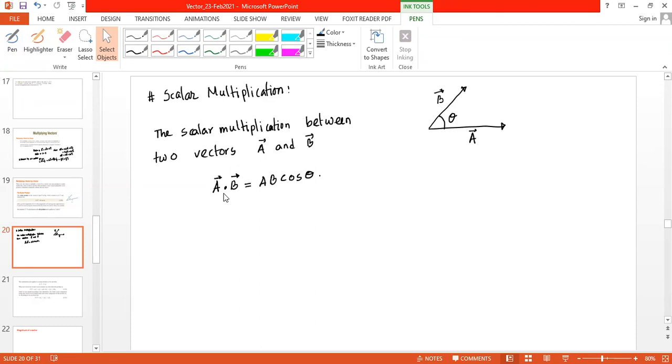In this kind of multiplication, if you multiply two vector quantities, the product is a scalar quantity. That is why it is called scalar multiplication. Here, A and B are the magnitudes of vector A and vector B, and theta is the angle between them. The product of two vectors is a scalar quantity, and that is why it is called scalar multiplication.